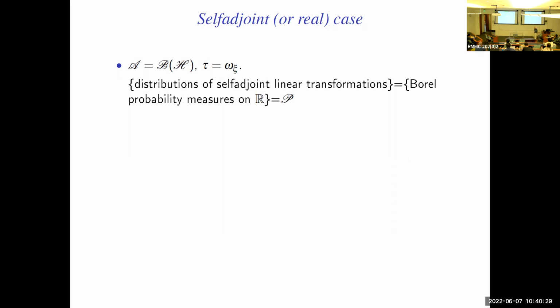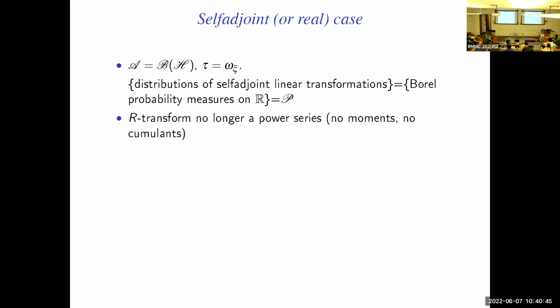Distributions of self-adjoint linear transformations, in other words, unbounded self-adjoint operators, are simply Borel probability measures on the real line, which I will denote by a script P, so that I have a notation for it. The R transform is no longer a power series, because generally speaking, you don't have moments or cumulants for a probability measure defined on the real line.